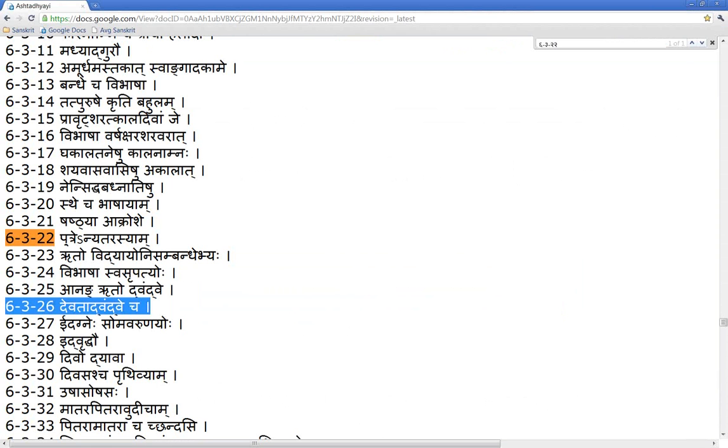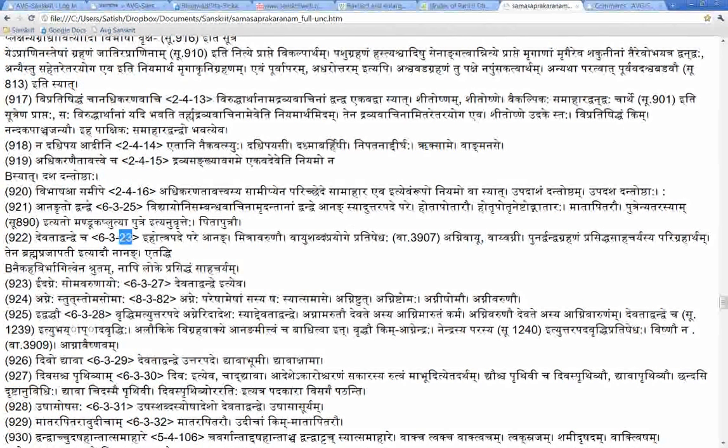So what does Kaumudi say beyond that? Vayu Shabda Prayoge Pratishedha. When the word Vayu is used, as one of the Devatas, then you cannot apply Devata Dvandve Cha.